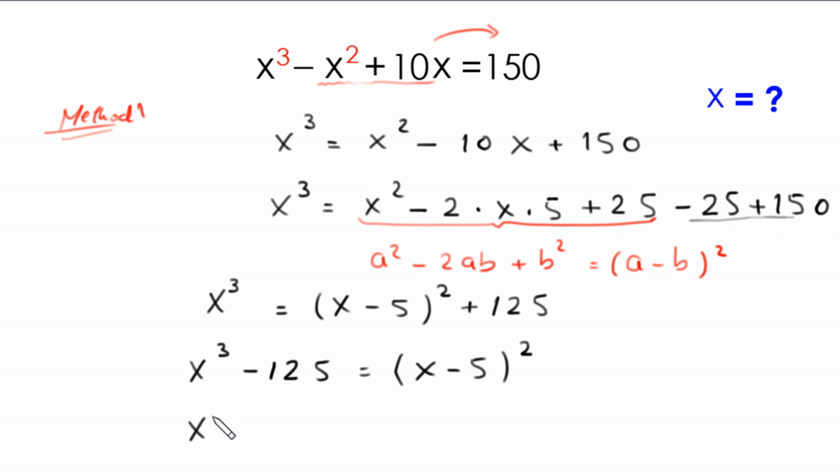Next, x cubed minus 125 is same as x cubed minus 5 cubed, equal to x minus 5 whole squared.